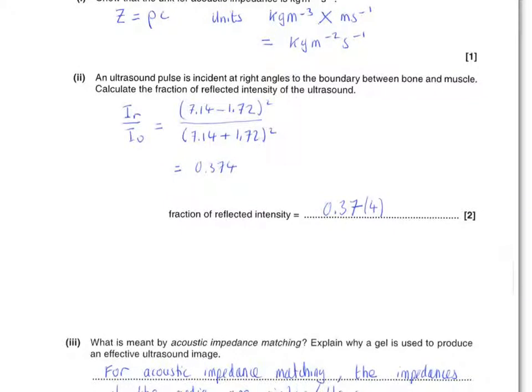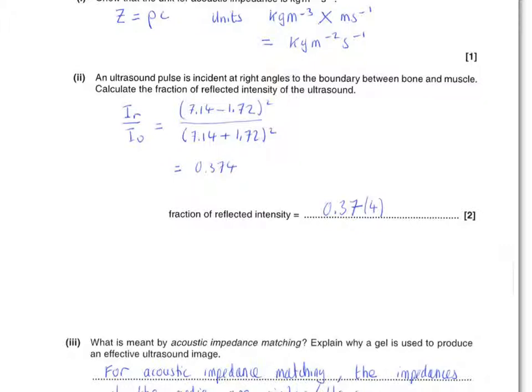Next, you're told that an ultrasound pulse is incident at right angles to the boundary between bone and muscle, and you're asked to find the fraction of reflected intensity of the ultrasound. This equation is on the datasheet where we have Z2 minus Z1 divided by Z2 plus Z1. So it's the difference in the acoustic impedances squared divided by the sum of the acoustic impedances squared.